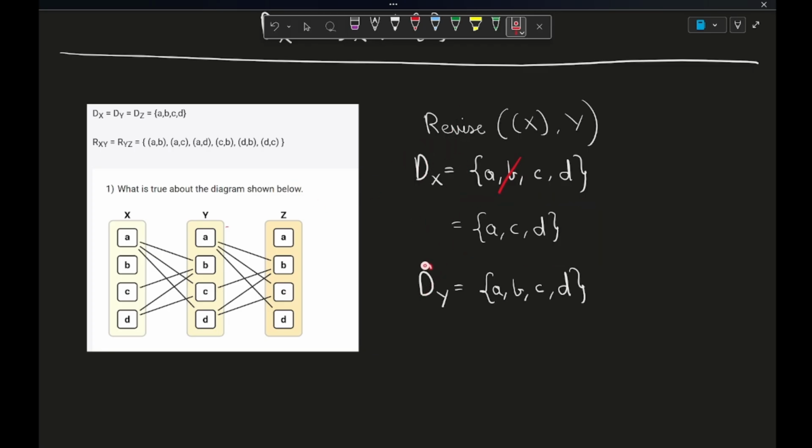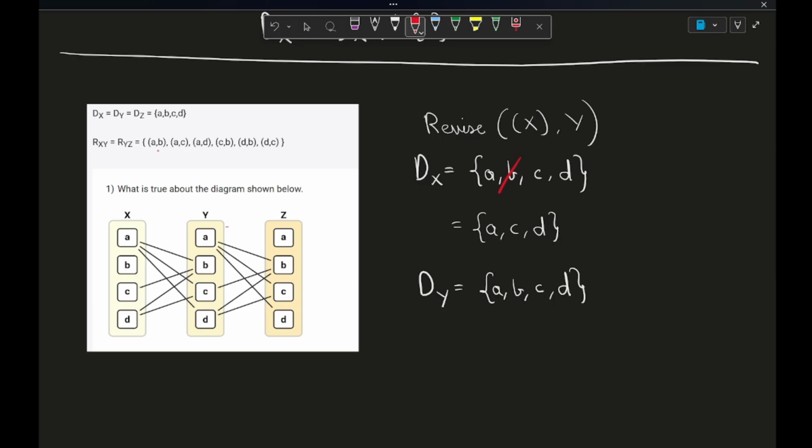Now we need to revise Y such that it is also consistent with X. In doing so, we can check for any incoming edges in Y, but I think a better, more consistent way is to go through each element of the set and check for any value of Y. If any value of Y exists, then it's fine. If it doesn't exist, then it needs to be removed.